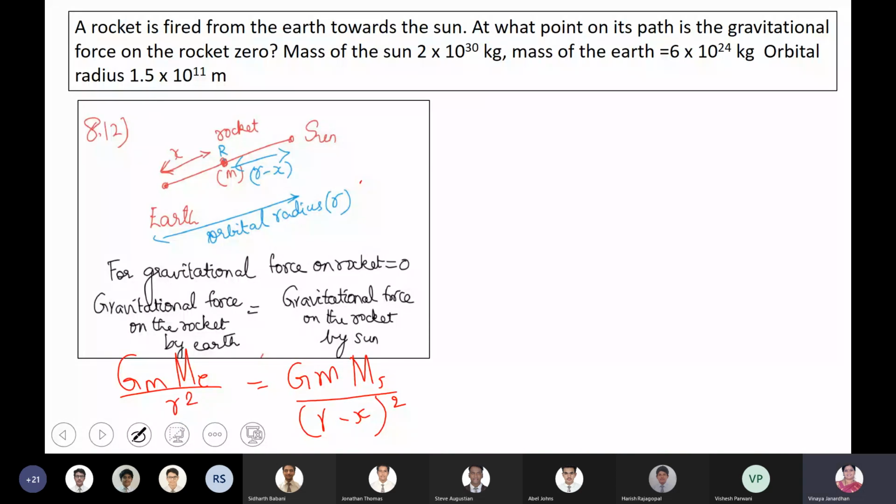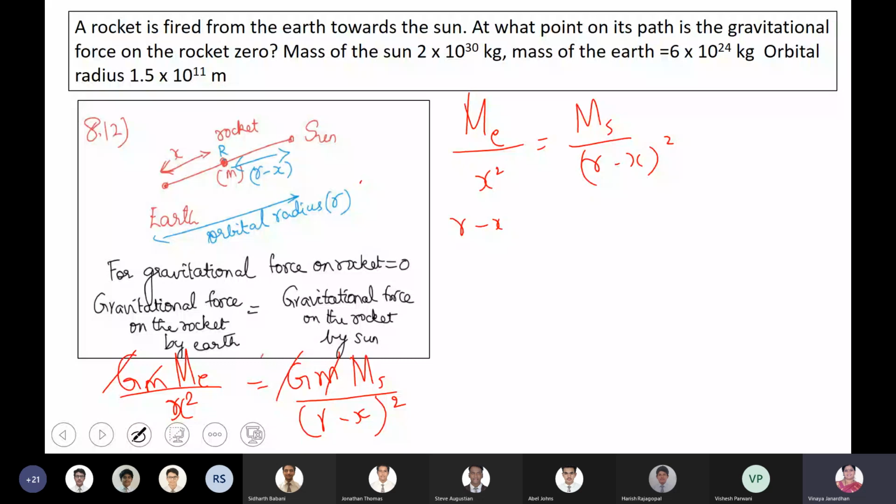What are the terms which will cancel out, boys? So now you will get me by x squared must be equal to ms by r minus x the whole square. So I can cross multiply: r minus x the whole square by x squared must be equal to ms by me.